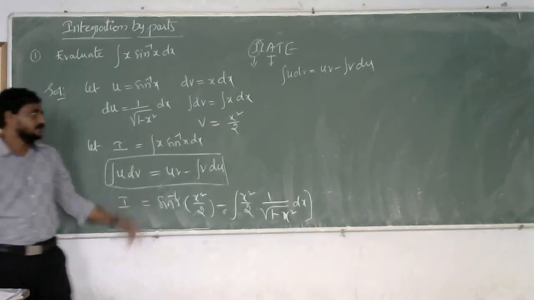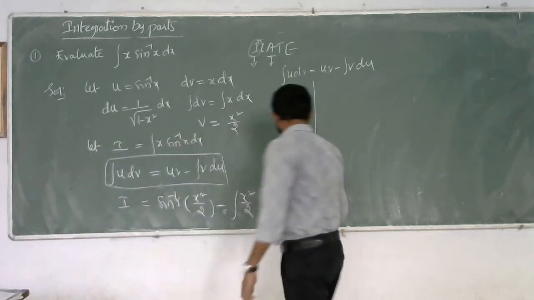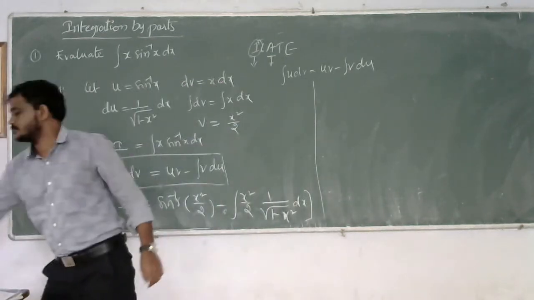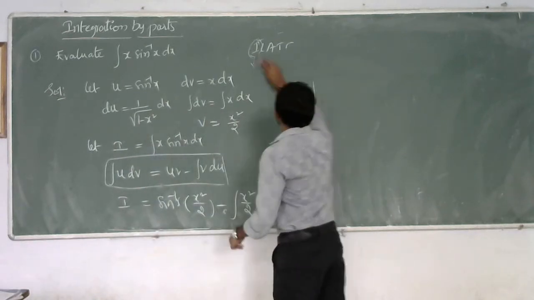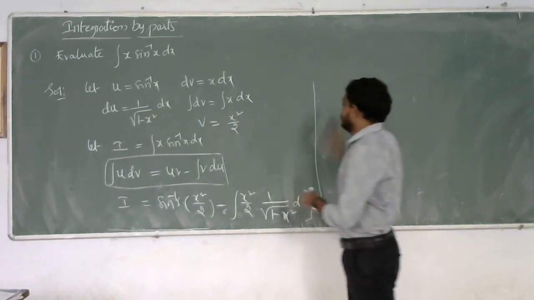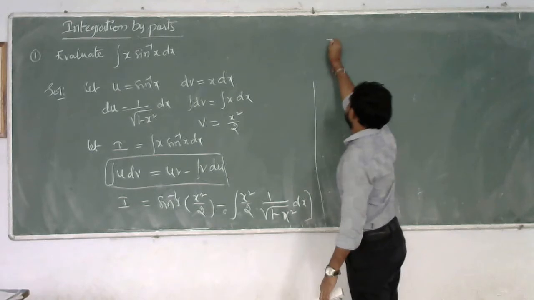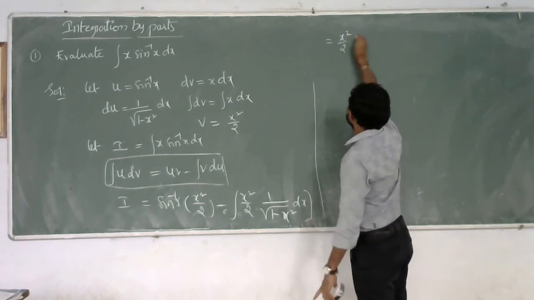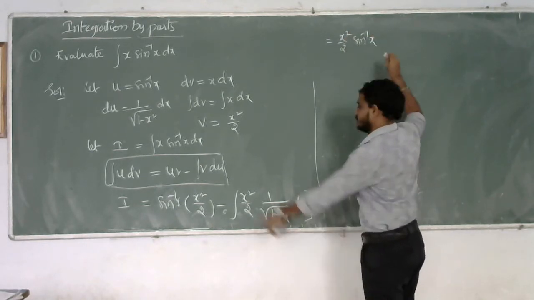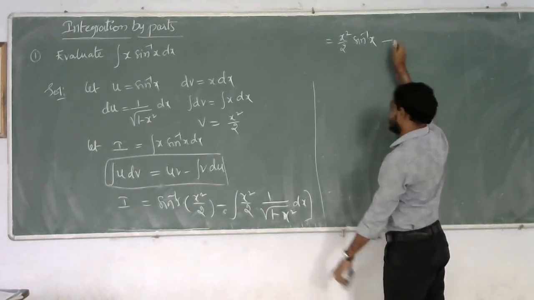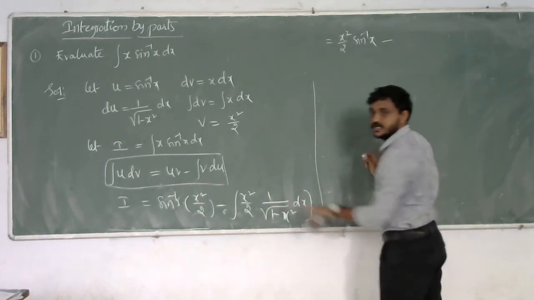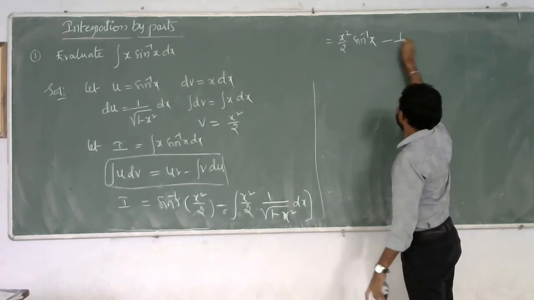Okay, then let us simplify it. Here you get x square by 2 into sin inverse of x, first term, then minus. Here 1 by 2 is a constant, so let us write the 1 by 2 outside.